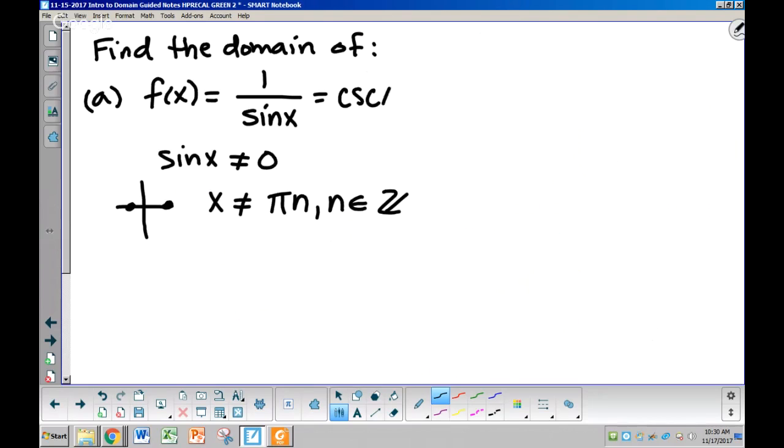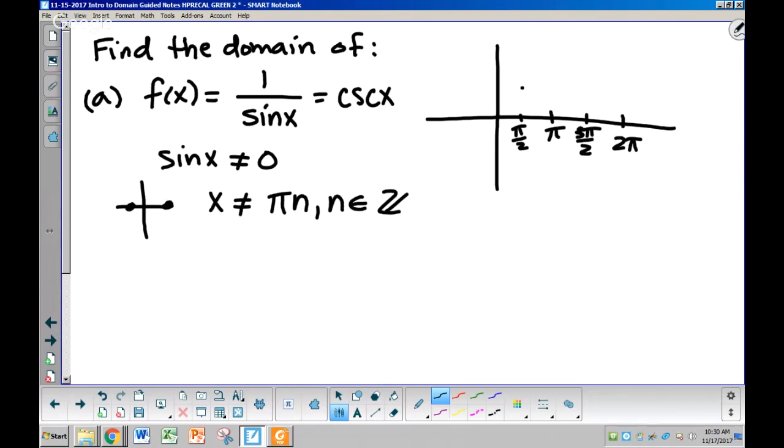Really quickly, right? How do we graph that? Cosecant. You graph the underlying sine function. This is our little mini review. And sine starts on the midline with our critical points here.